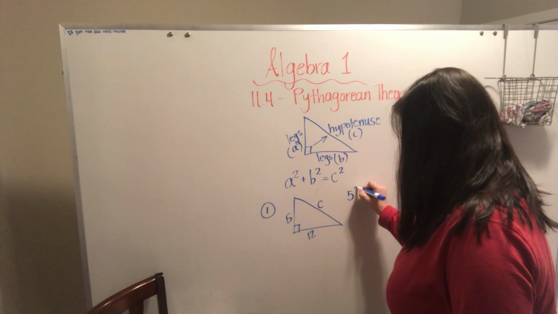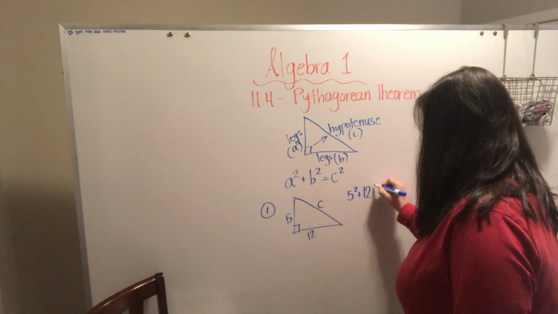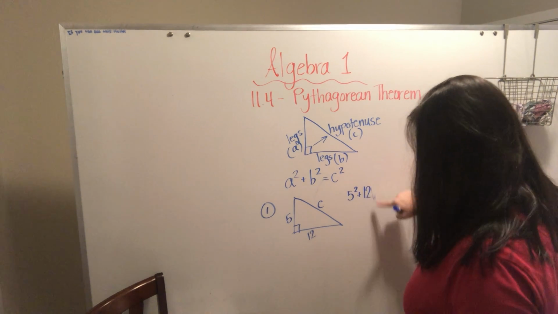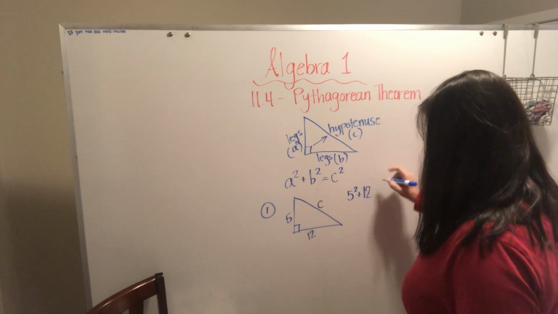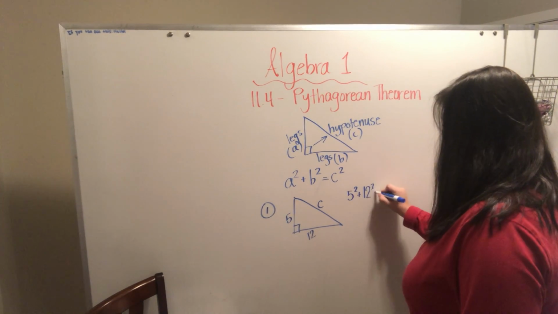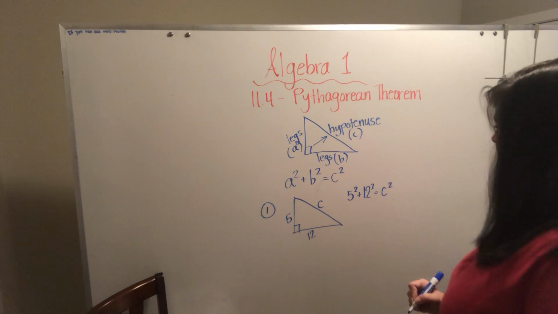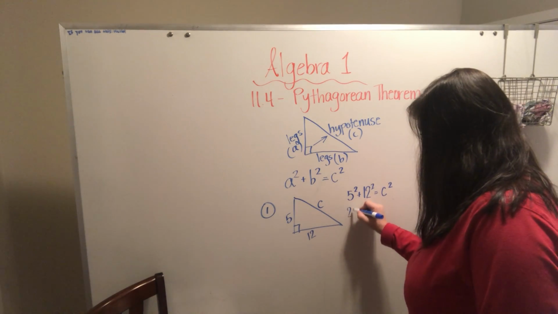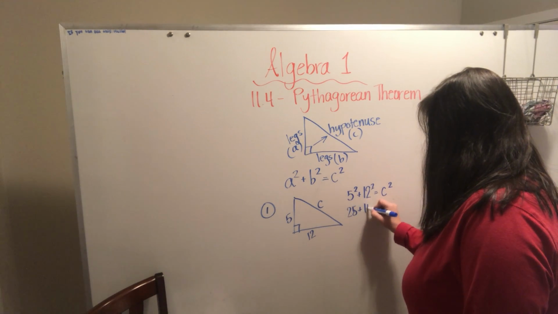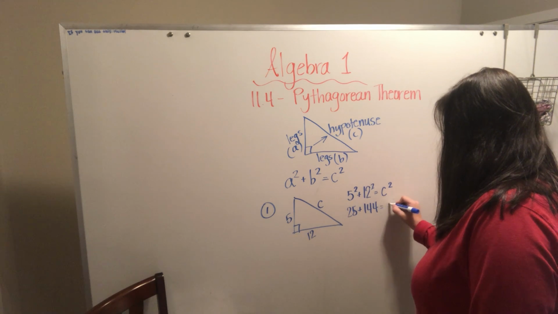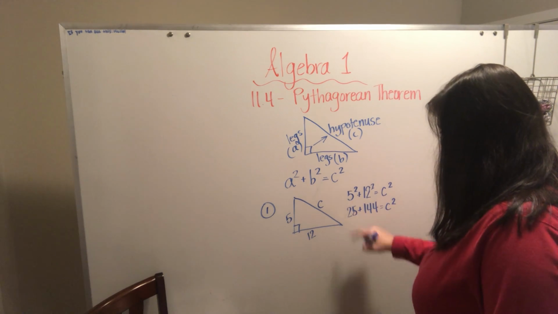Okay, I'm using my Pythagorean theorem. I'm going to go 5 squared plus 12 squared will equal C squared. Okay, 25 plus 144 will equal C squared.